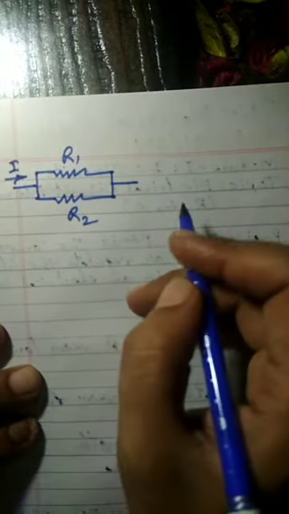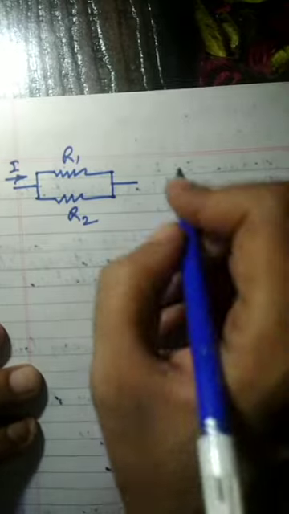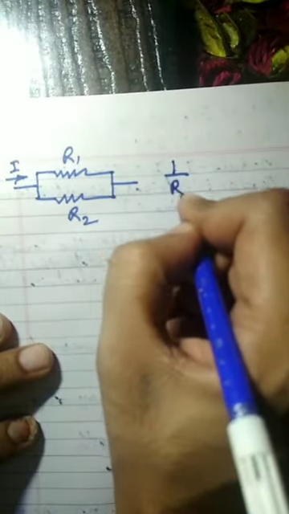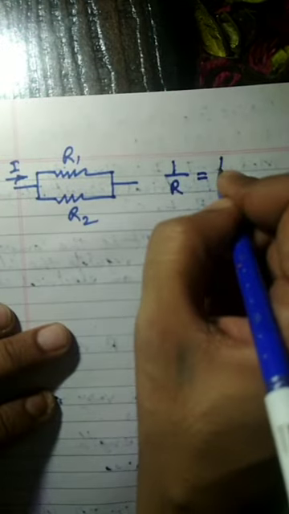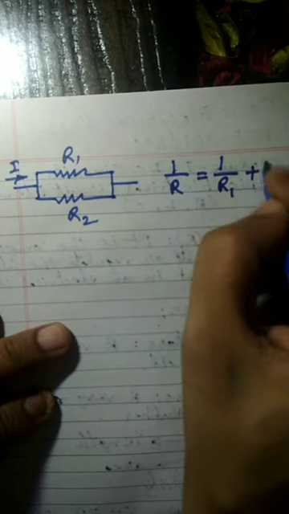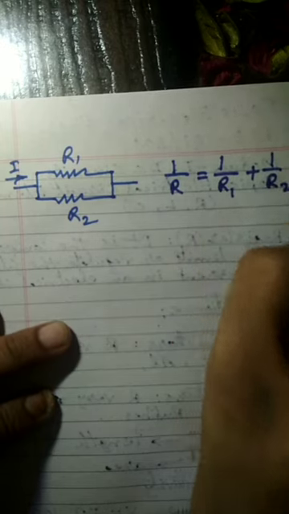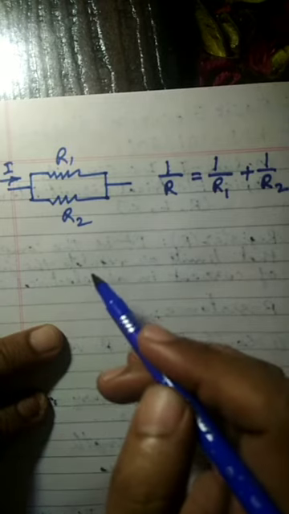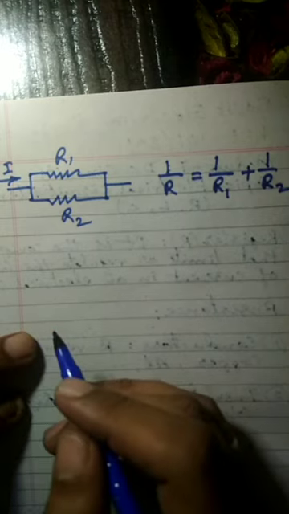Now in this case, the equivalent resistance can be calculated by this formula: 1 upon R will be equal to 1 upon R1 plus 1 upon R2. If there are more than two resistances, then it will be 1 upon R1 plus 1 upon R2 plus 1 upon R3 and so on.